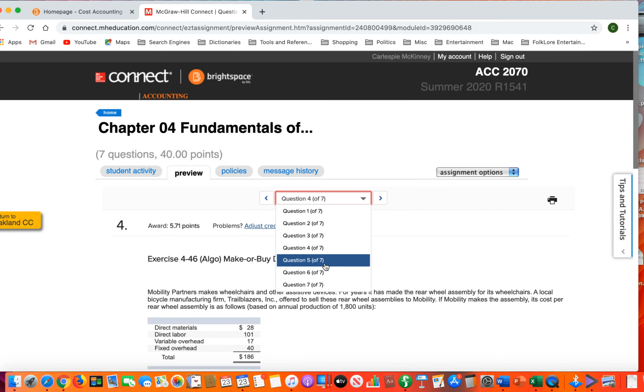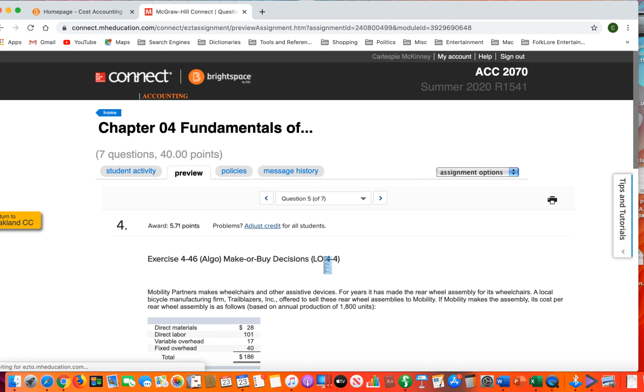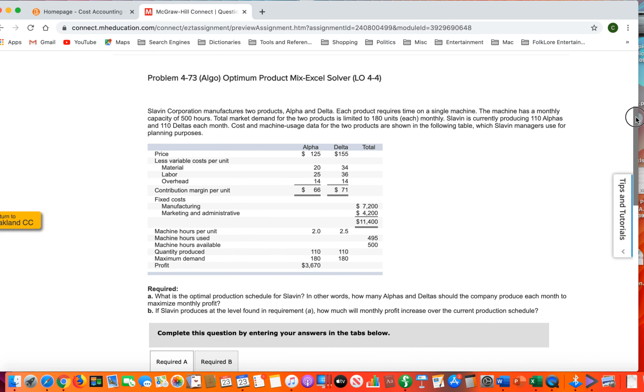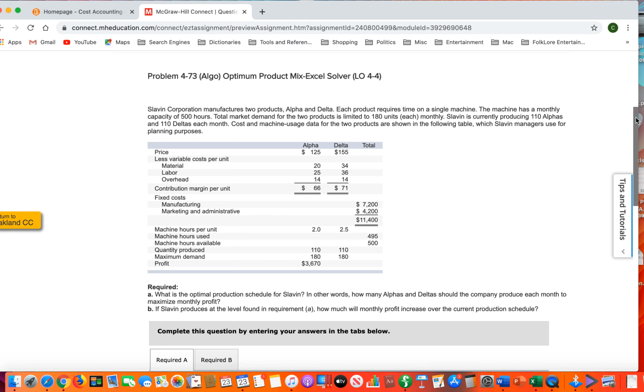All right, number 5. And here we have the product mix, Alpha and Delta in the data.